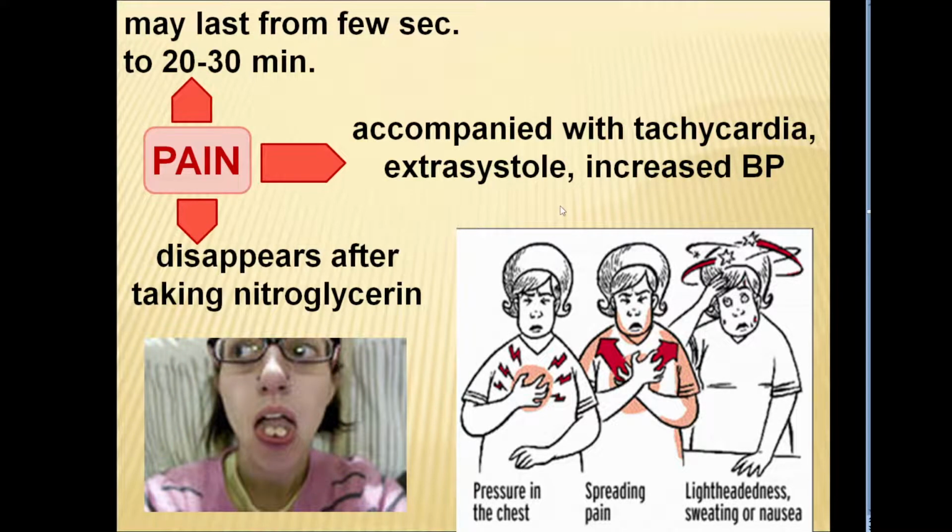And we remember, pain disappears after taking nitroglycerin, which we put under the tongue, or maybe some ointment with nitroglycerin, which we can put immediately on the heart region. Within 3-5 minutes the pain disappears because the action of nitroglycerin is relaxation of coronary arteries. Blood flow comes back to normal and pain disappears.